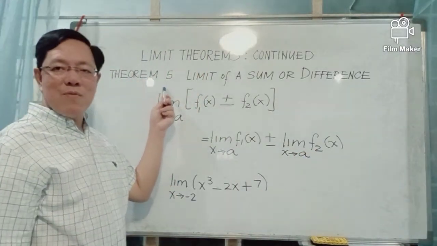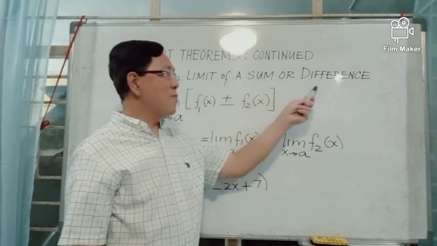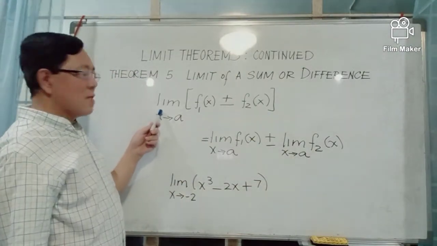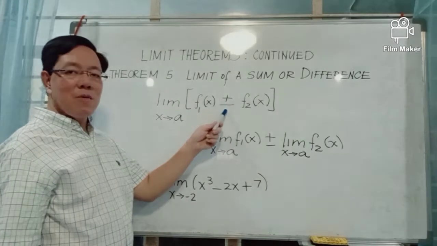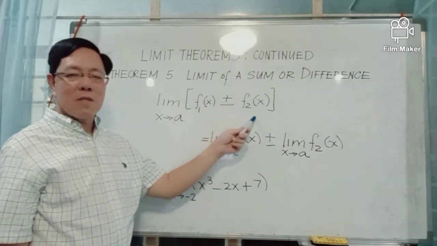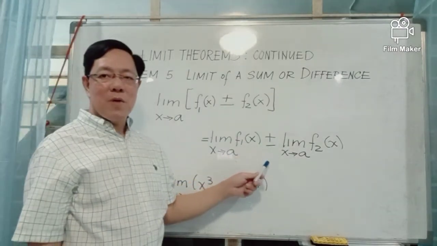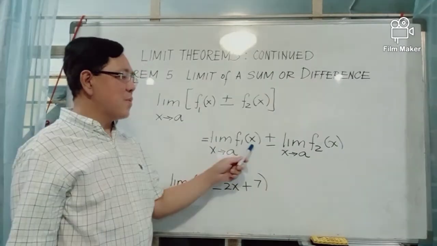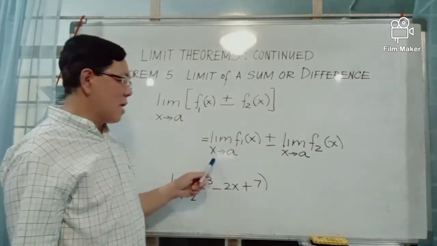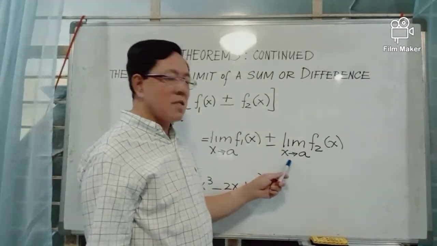Again, the limit theorem 5, known as the limit of a sum or difference of two functions, states that the limit of a sum or difference of two functions, say f sub 1 of x and f sub 2 of x, as x approaches a is equal to the sum or difference of the limits of the two functions given by limit of f sub 1 of x as x approaches a, and the limit of f sub 2 of x as x approaches a.